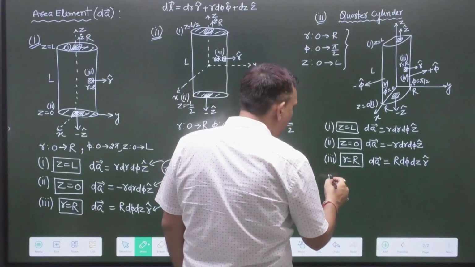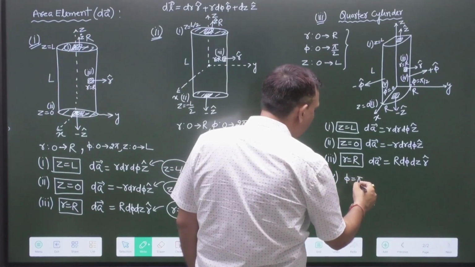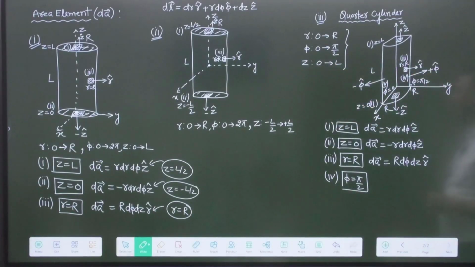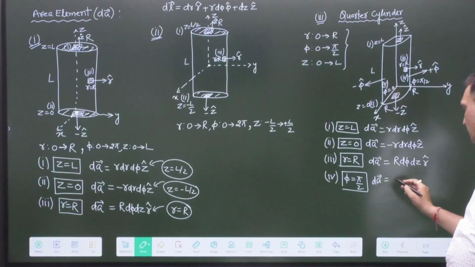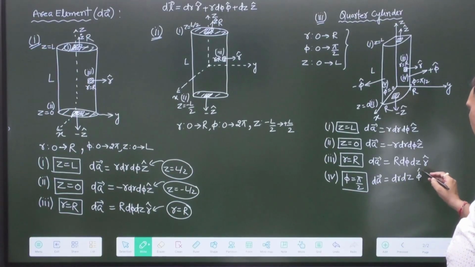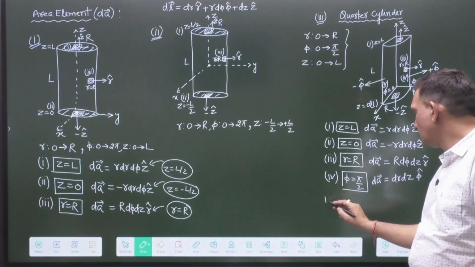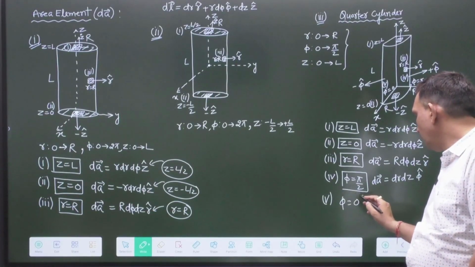Now surface 4 is phi equal to pi by 2. So when phi is fixed, the variables are R and Z. So on this surface, dA is given by dr dz phi cap. Fifth is phi is equal to 0.